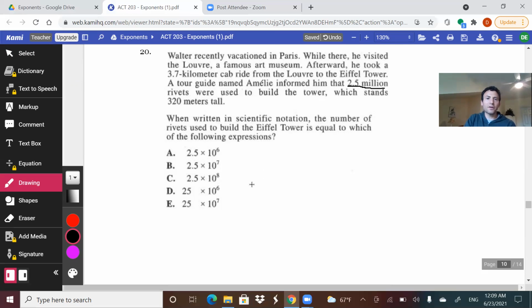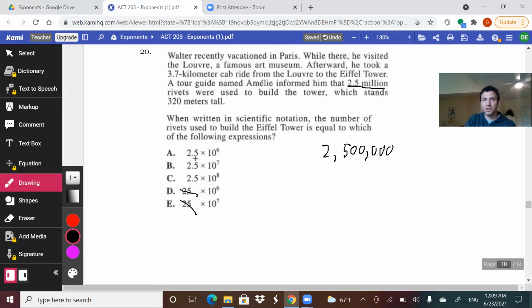Okay, here's what's really interesting. You can get rid of D and E immediately because the rule with scientific notation is you only have one number to the left of the decimal spot. 2.5 million is 2,500,000. So what does that mean? That means that we need to essentially take this 2 and move the decimal spot over 6 places.